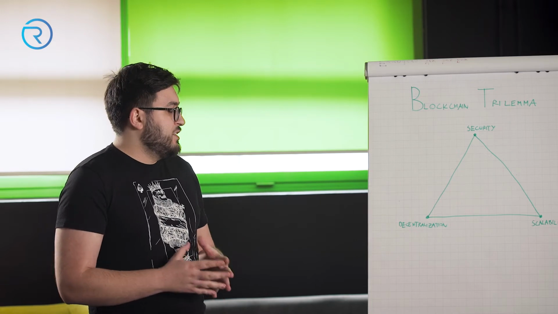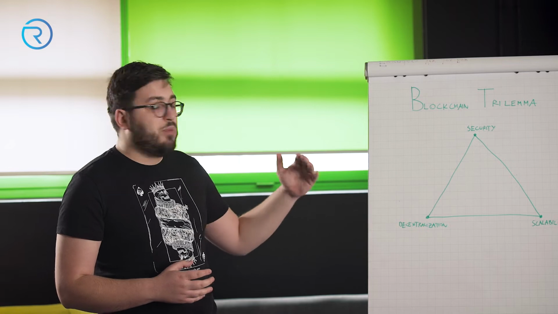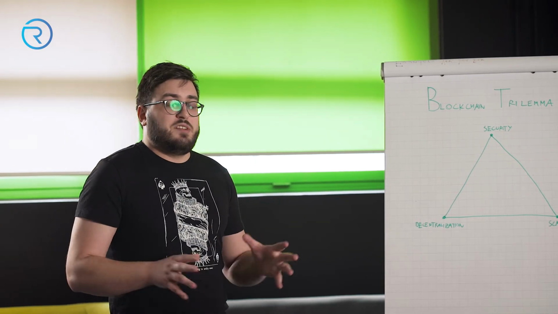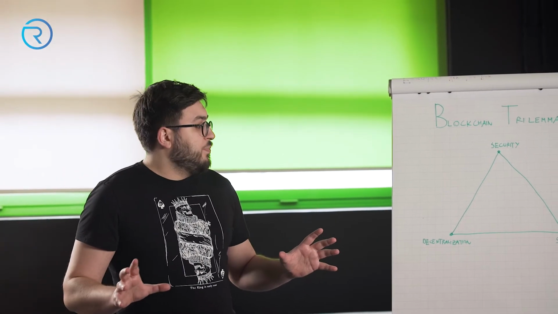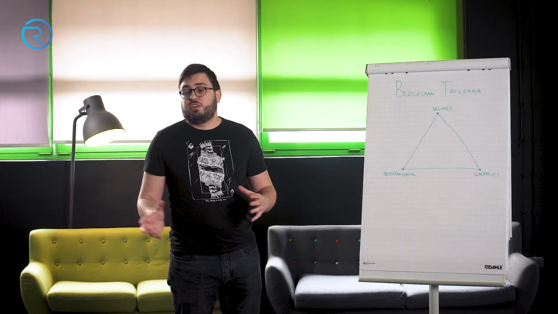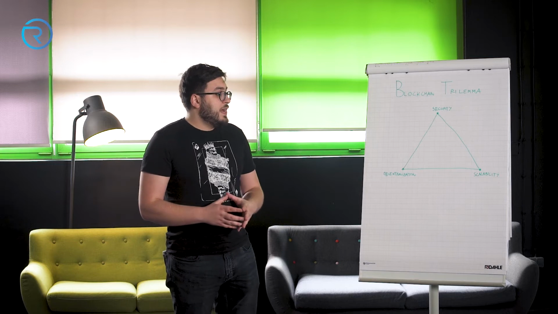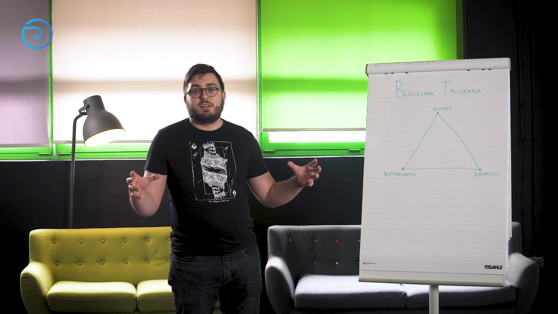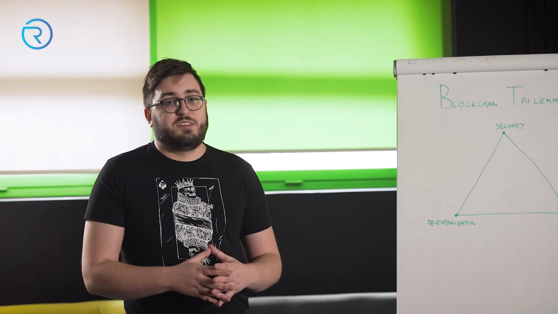So why is it actually so hard to achieve both great scalability and great decentralization? Because decentralization means that you have multiple entities, as I said, which make consensus about whether some transaction is valid or some transfer of information is valid or not. And if you have thousands or millions of these entities, then it takes some time before they reach a consensus.